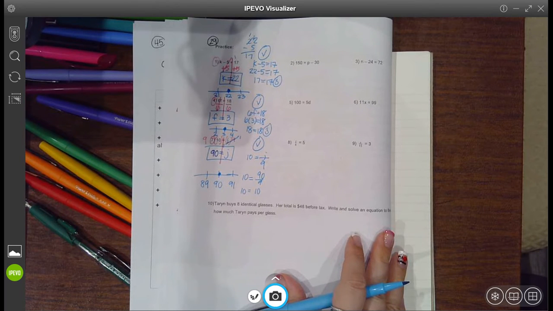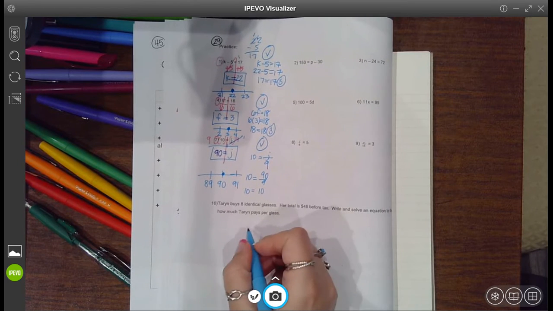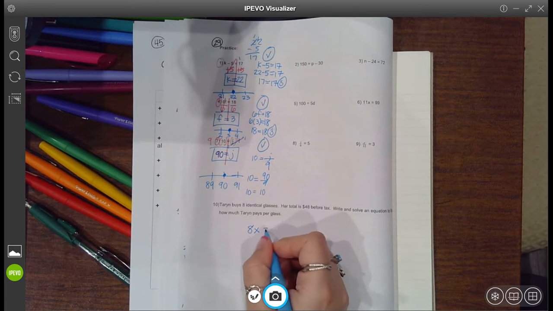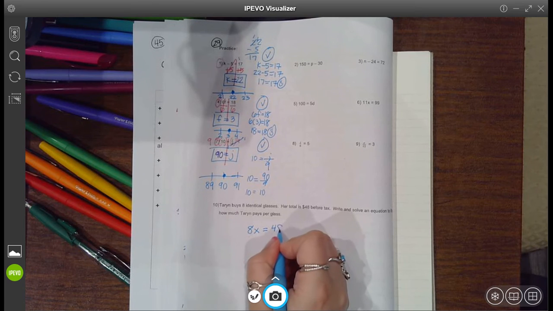Okay, now that you unpause the video and you're back with us, it says Taryn buys 8 identical glasses. Her total is 48 before tax. Write and solve an equation to find how much Taryn pays per glass. Okay, so she buys 8 glasses. We don't know how much each one is, but it's 8 times however much each one costs equals the total cost.